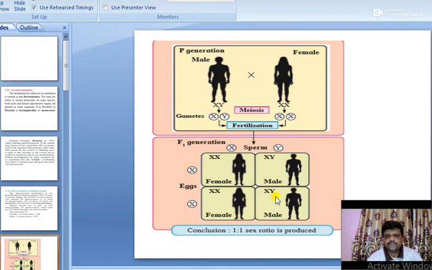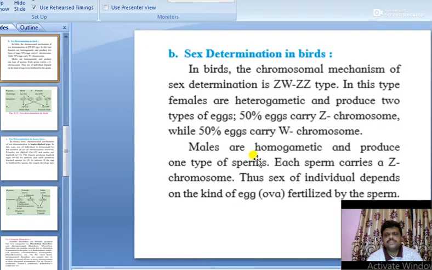Let us see one more sex determination, in birds. In birds, the chromosomal mechanism of sex determination is ZW and ZZ type. In this type, females are heterogametic, which means this should be the female and this should be the male.